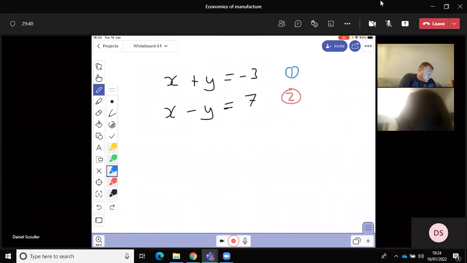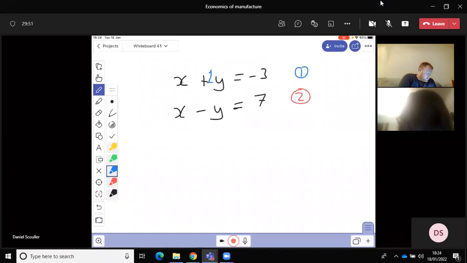I cannot draw ones tonight, my God. Remember in algebra, we don't write that one, but if there's a y or a letter there, it means there's a 1 in front of it. The number in front of that second term has to be the same, and we'll look at how we manipulate that to allow that to happen. In this case, they are the same.